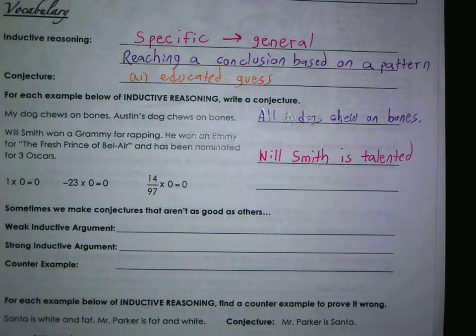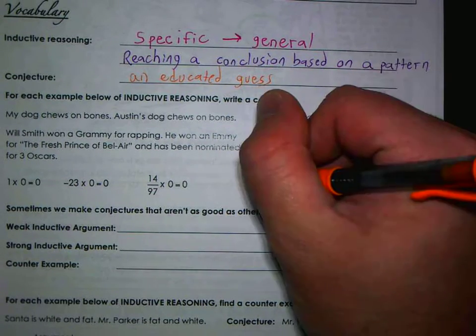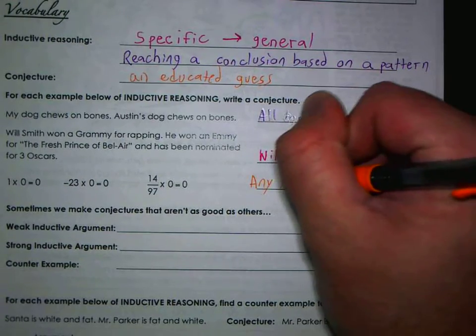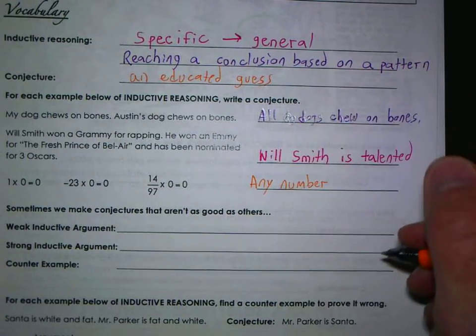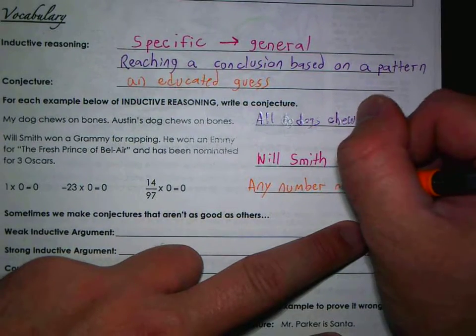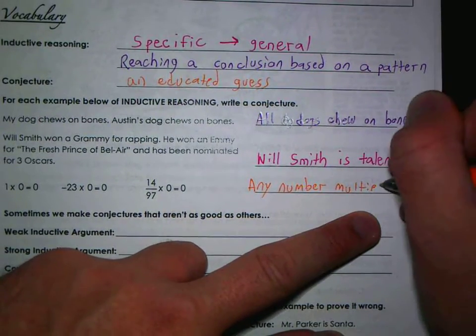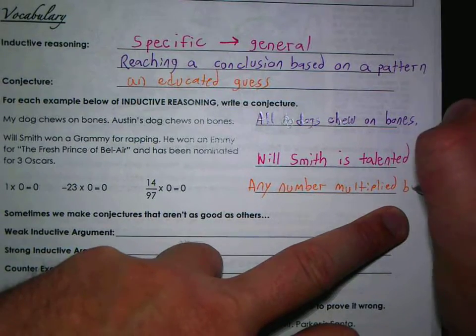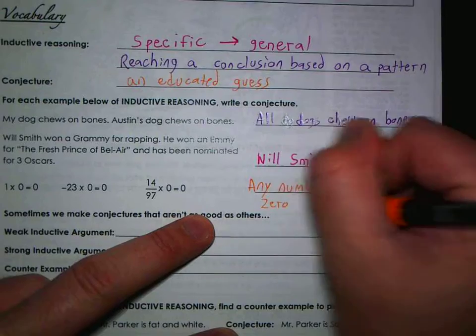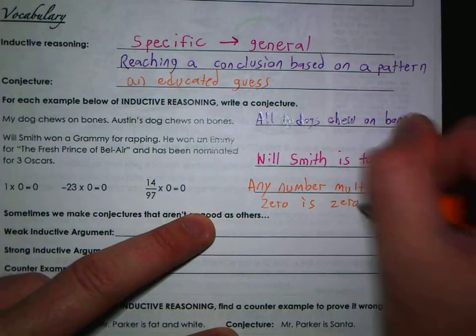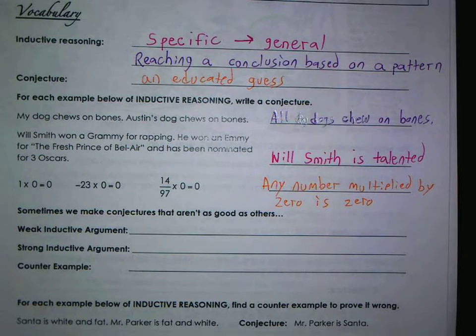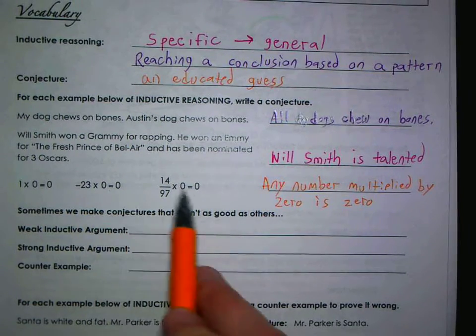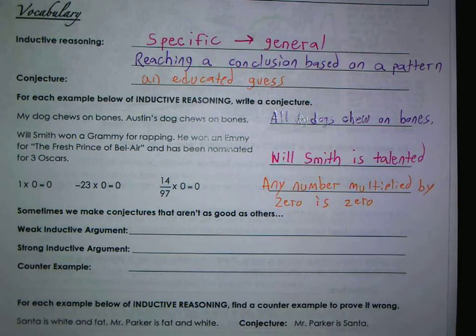Anything, let's say any number multiplied by 0 is 0. And notice how we went from specific to general, any, all, every. That's what you'll see. Does that make sense? So do we understand inductive reasoning?